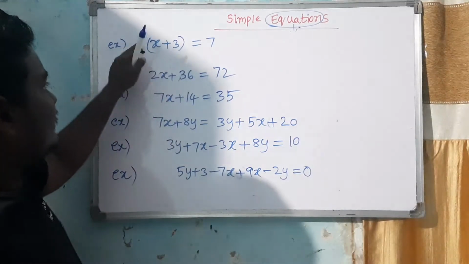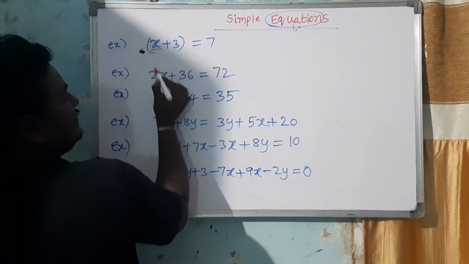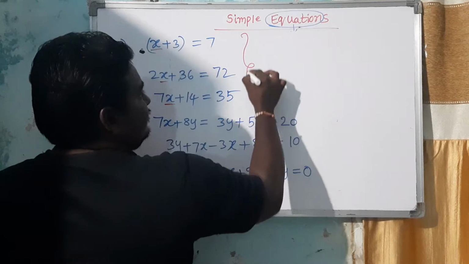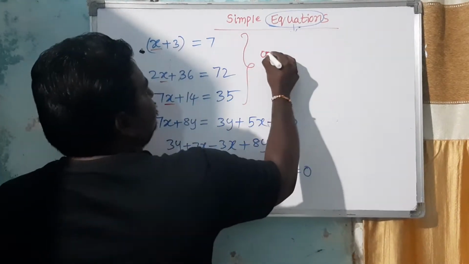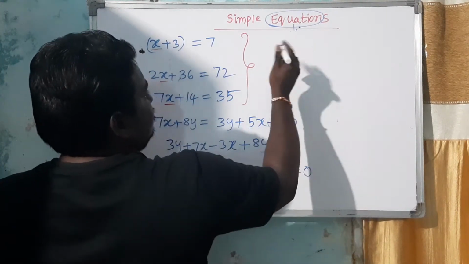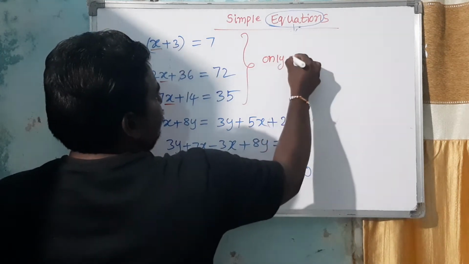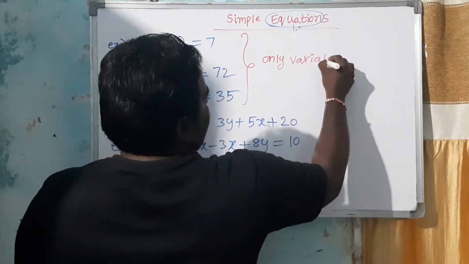So here the first three equations have only one variable, that is x.